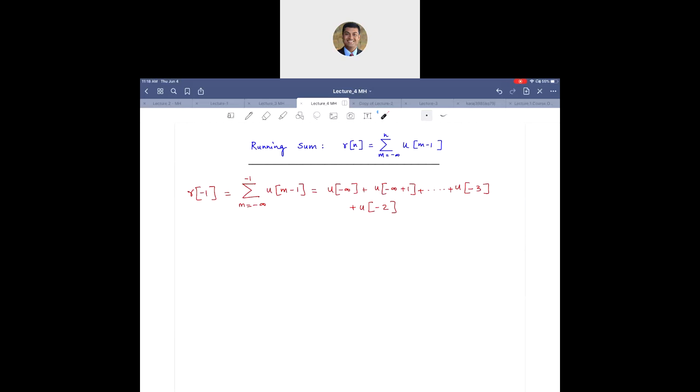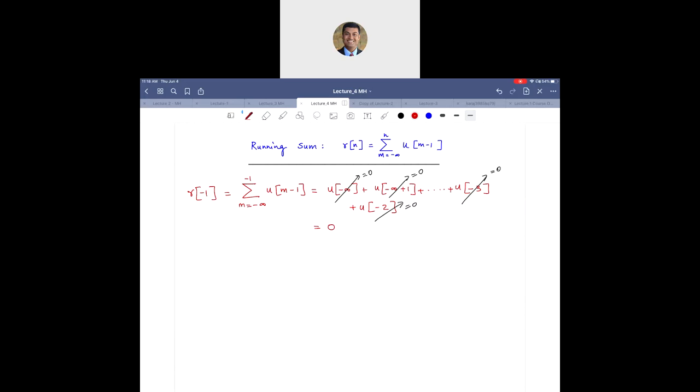That's it. What are each of these terms? U of -infinity is 0. U of -infinity plus 1 is 0. All of these are 0. U of -3 is also 0. U of -2 is also 0. So this is 0, r of -1.